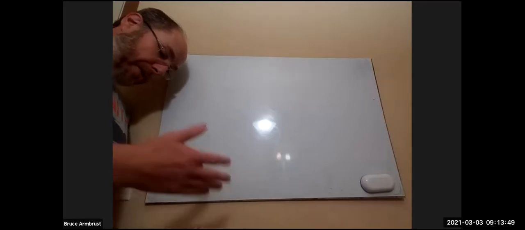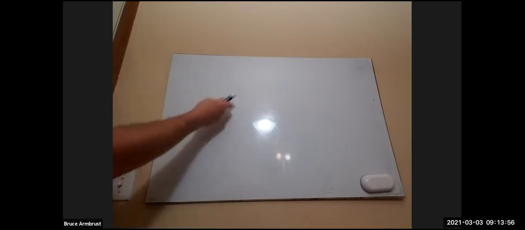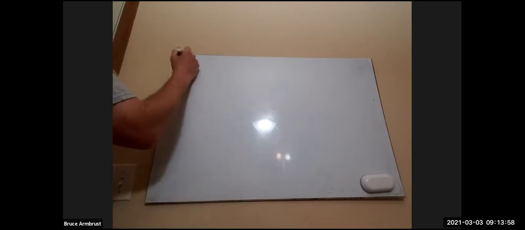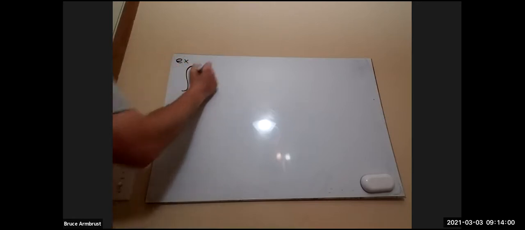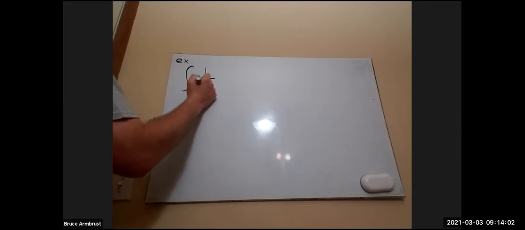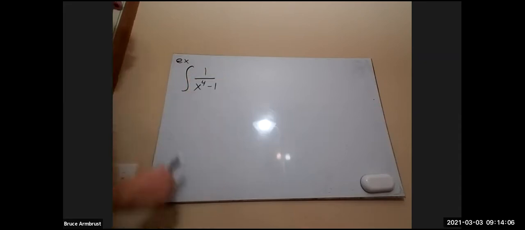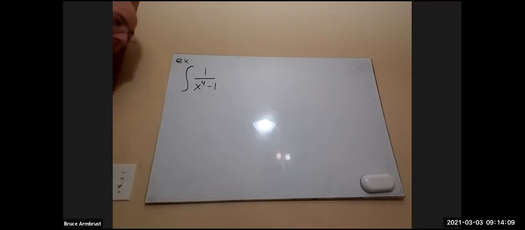All right, so we're going to start with this one as our first guy for today. Again, it doesn't look terrible as an integral. And it really, I mean, it's not terrible. But we're going to look at 1 over x to the 4th minus 1.